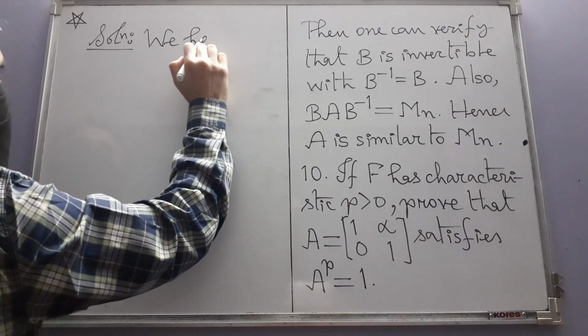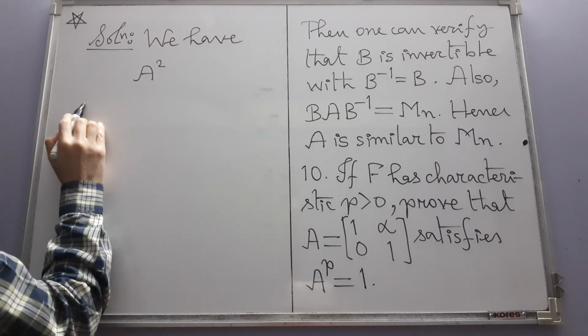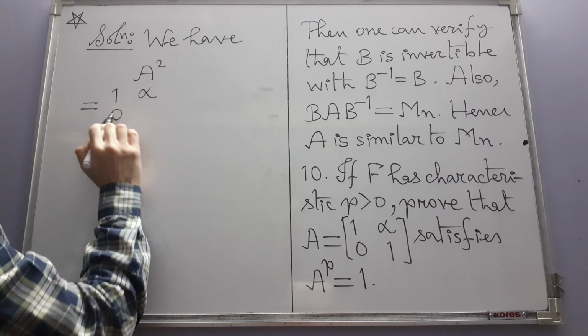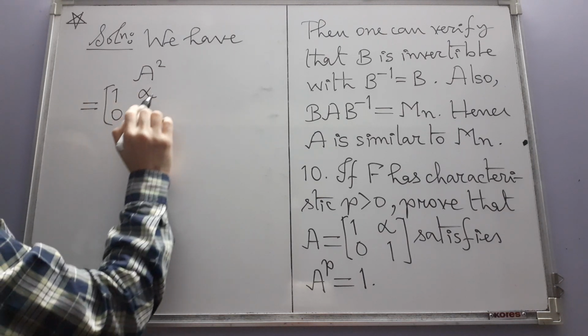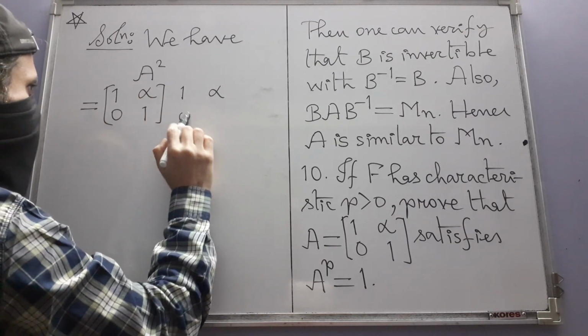We have A squared equal to 1 alpha 0 1 times 1 alpha 0 1.